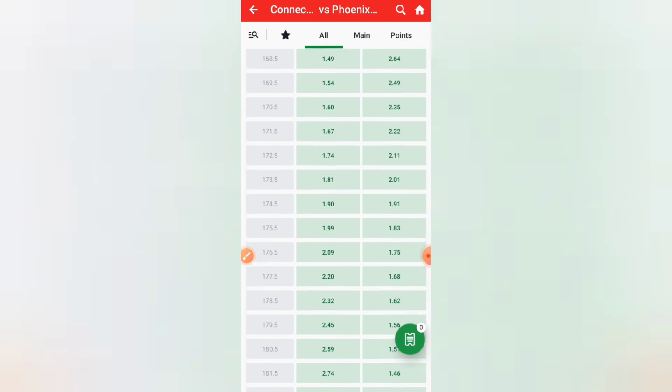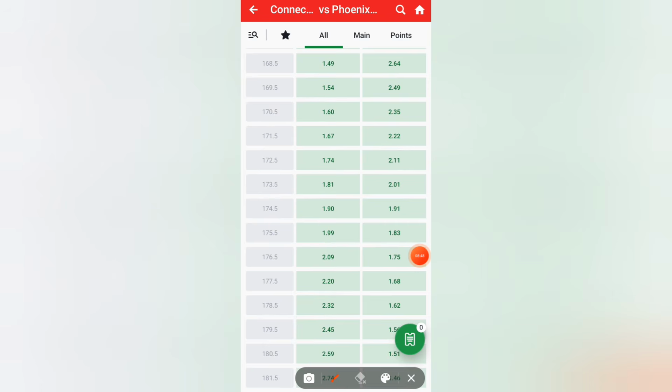Yeah, so 174 happens to be the middle line. So this is the middle line. So this is what will give you the insight of what the bookmakers are actually favoring.